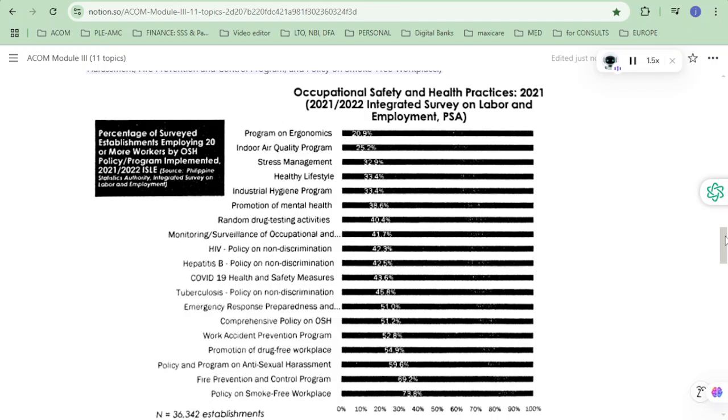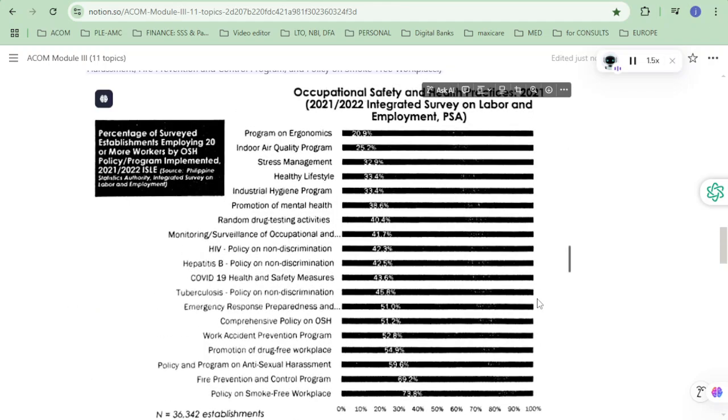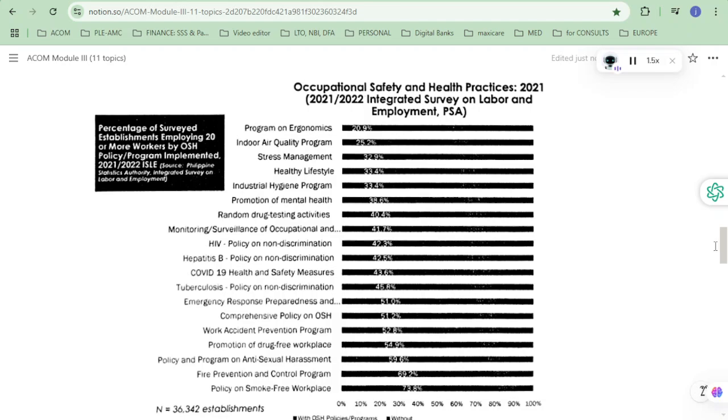This table shows the percentage of companies without policies or programs for the following: Program on Ergonomics, Indoor Air Quality Program, Stress Management, Healthy Lifestyle, Industrial Hygiene Program, Promotion of Mental Health, Random Drug Testing Activities, Monitoring/Surveillance of Occupational Diseases, HIV Policy on Non-Discrimination, Hepatitis B Policy on Non-Discrimination, COVID-19 Health and Safety Measures, Tuberculosis Policy on Non-Discrimination, Emergency Response Preparedness, Comprehensive Policy on OSH, Work Accident Prevention Program, Promotion of Drug-Free Workplace Policy and Program on Anti-Sexual Harassment, Fire Prevention and Control Program, and Policy on Smoke-Free Workplace.